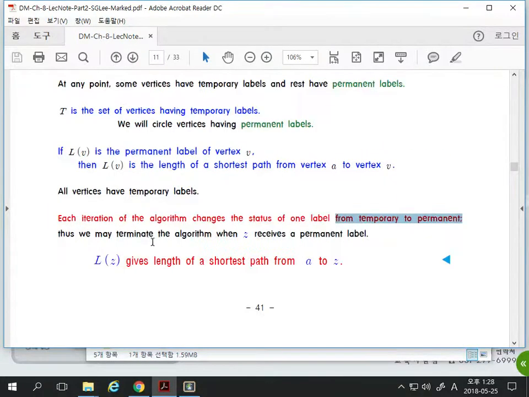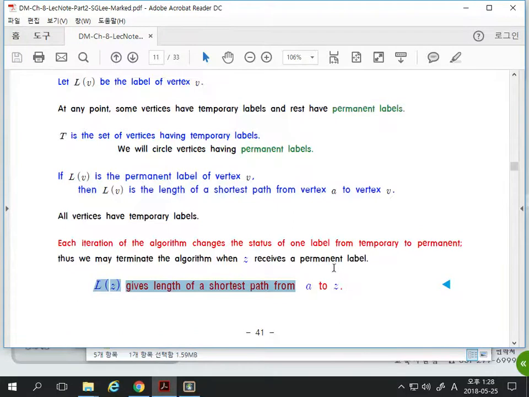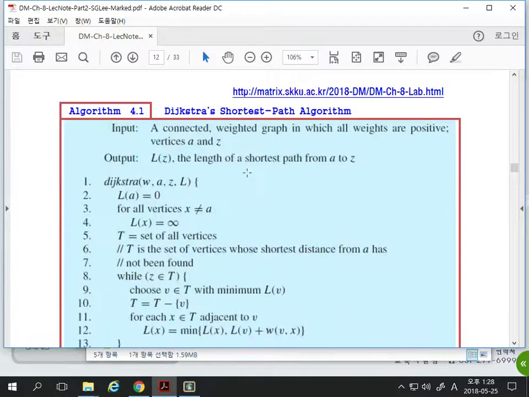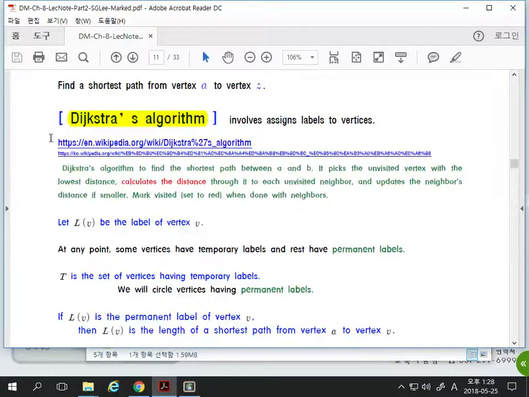Thus, we may terminate the algorithm when G receives a permanent label. And so L(G) gives the length of the shortest path from vertex A to vertex G. This is Dijkstra's shortest path algorithm. I think we have taken a look at this.